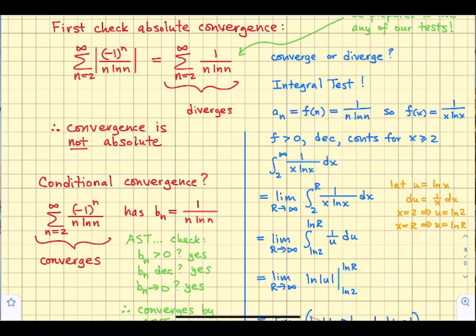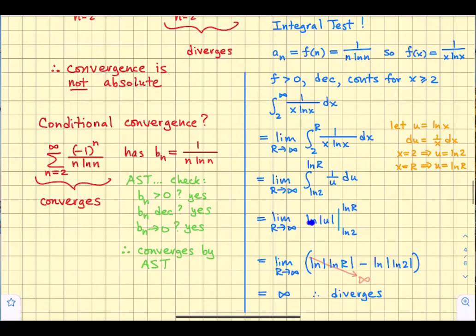We'll check the hypotheses. f is indeed positive, decreasing, and continuous for x greater than or equal to 2. So I just need to look at this improper integral, which is the limit of this proper integral. We'll do a u substitution, including limits, to get this new integral. We'll anti-differentiate and evaluate between limits. And then we'll take the limit as r goes to infinity.